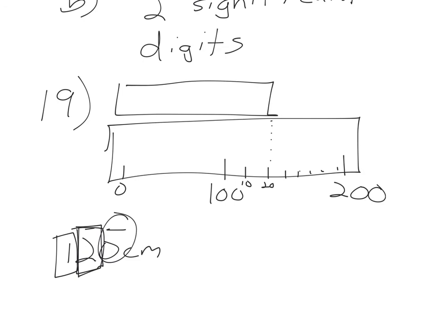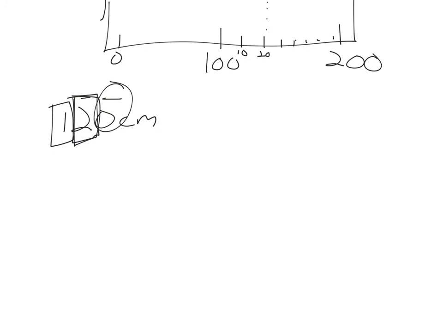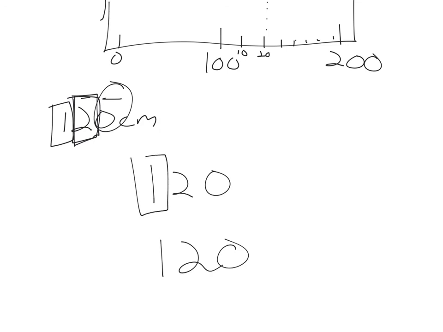Now I'm going to make a statement here about zeros. If you write 120 versus 120, depending on the object you measured, if you measured every 100, right, if this was certain and that was your guess, you would write it just like that, 120.